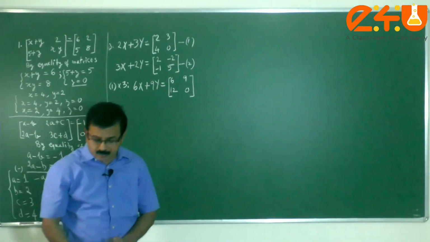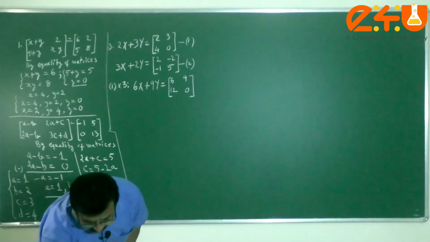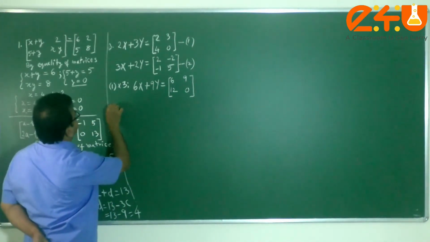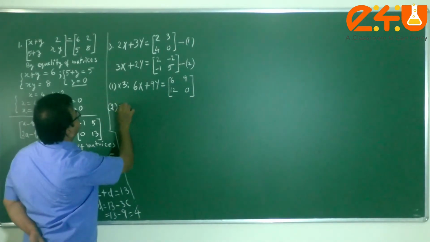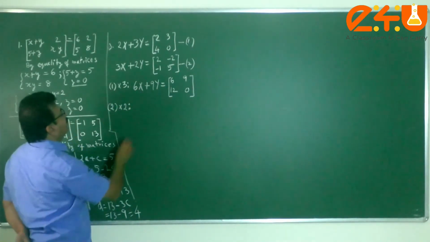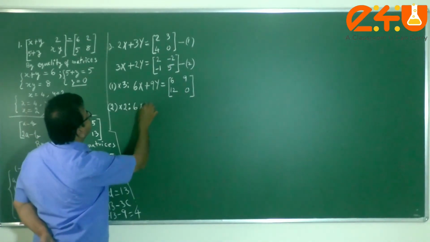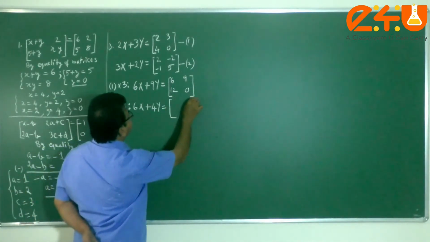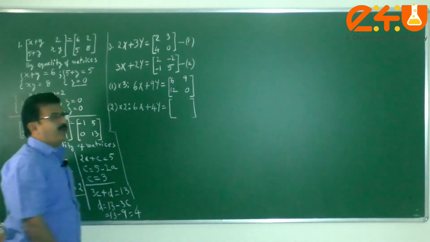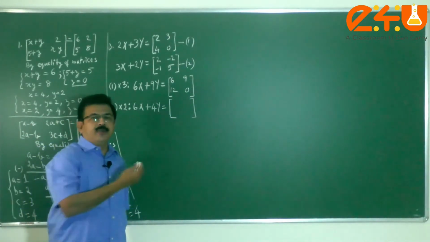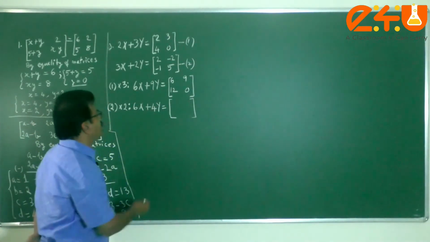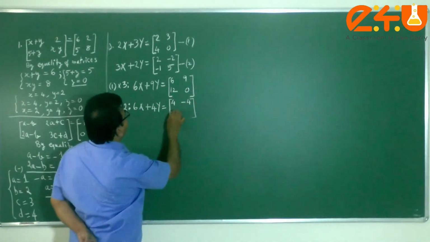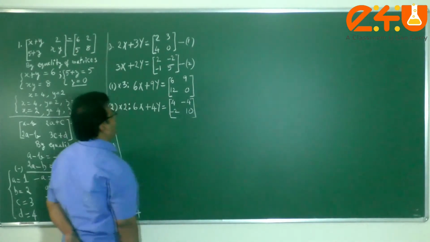Is that okay? Now let us make the coefficient of X 6 in the second equation, which means I need to multiply by 2 in order to get 6X, 4Y, and the RHS matrix is multiplied by the scalar quantity 2, which means every element on the RHS gets multiplied by the same number 2, which means 4 and minus 4 in row 1, minus 2 and 10 in row 2.